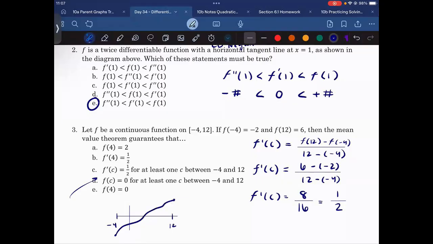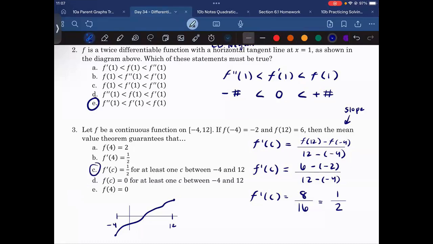Well, if it was the intermediate value theorem, I mean, it's not, but it would apply a little bit differently. Let's see, mean value theorem guarantees a slope. So we found it equals 1/2.